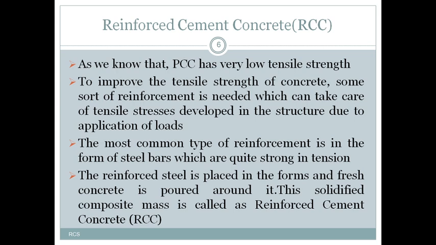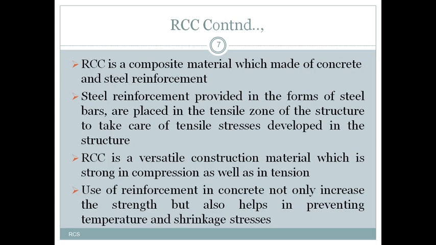The reinforcing steel bar is placed in the forms and fresh concrete is poured around it, which forms a solidified composite mass. This solidified composite mass is called reinforced cement concrete, that is, RCC.